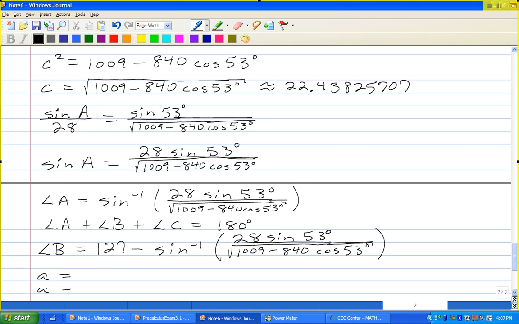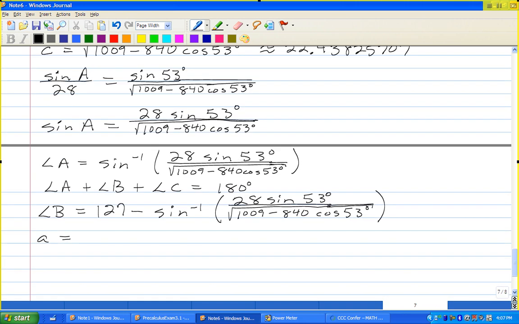Okay. Let's see. Angle A is 28 times sine of 53 degrees, and then take arc sine.